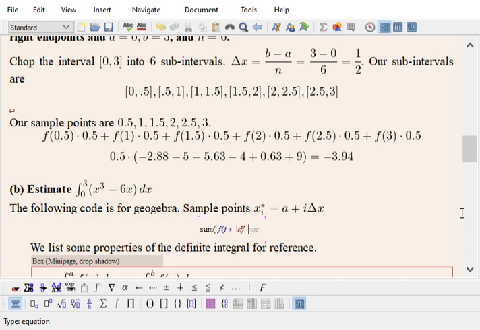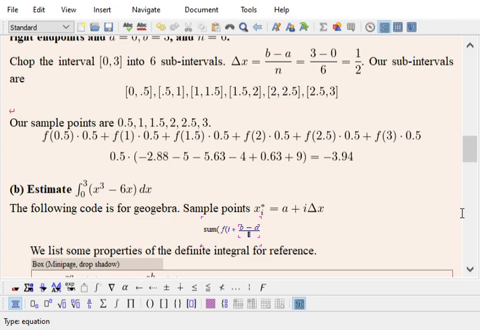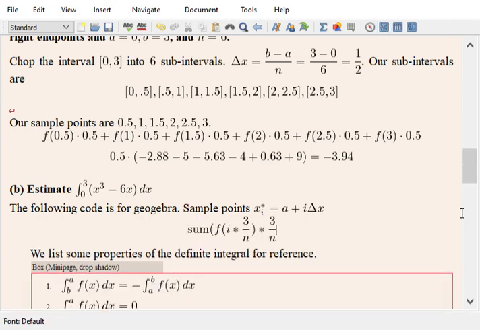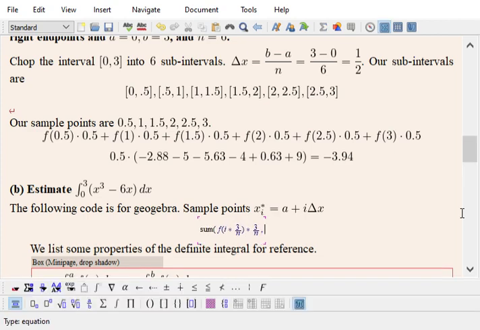That was b minus a over n. b was 3, so just 3 over n in this case. So we're adding that up: f at the sample point times delta x, so we still have to multiply by yet another delta x. Okay, like so. Then comma. So this is the expression that we are summing up.